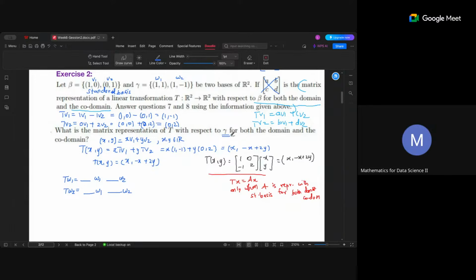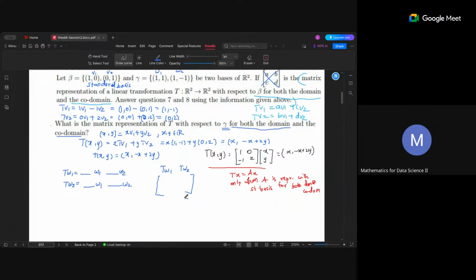Remember, gamma is used for both domain and codomain. Then we write T(W1) and T(W2) as the matrix columns.